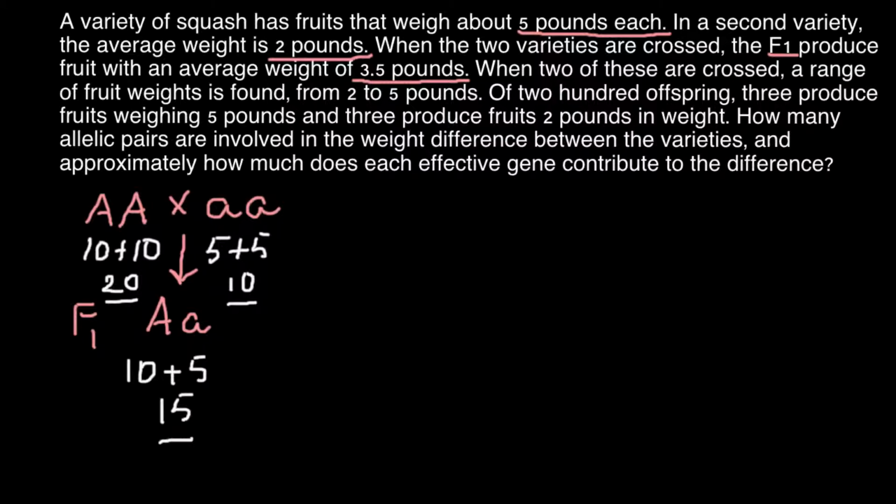We have one parent, once again, that produces fruits that weigh 5 pounds each, and another that produces 2 pounds. But we don't know how many alleles or loci control this trait. In my example, as you see, we have only one locus and two alleles, dominant and recessive.